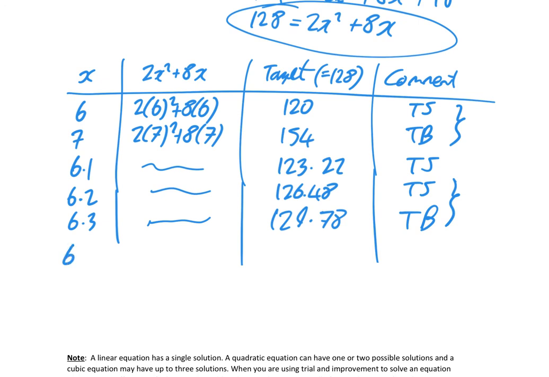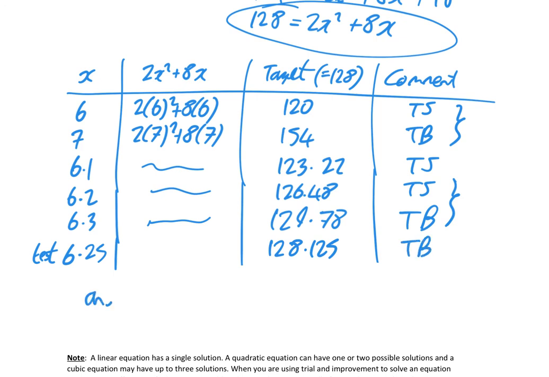So you must test. So we'll just say test 6.25. And if you test that out, 6.25, 2 times 6.25 squared plus 8 times 6.25, press equals, and you will get 128.125, which is ever so slightly too big.